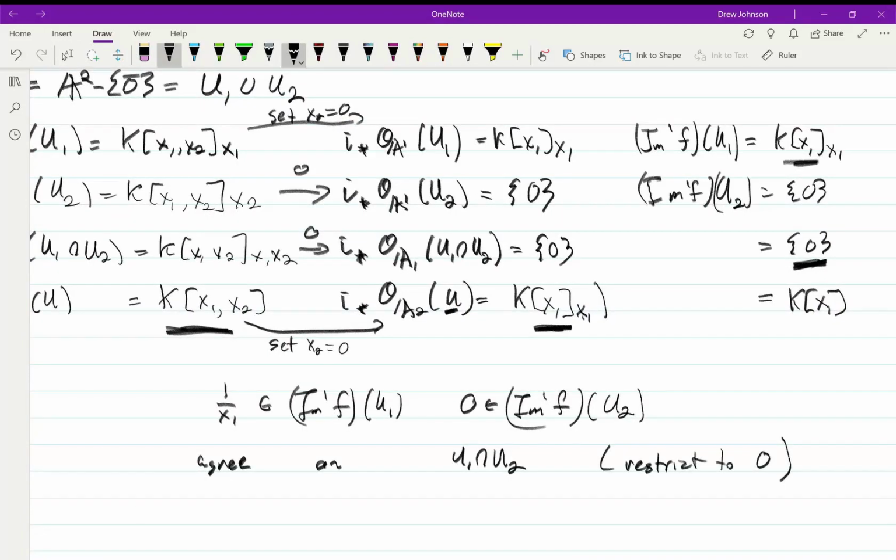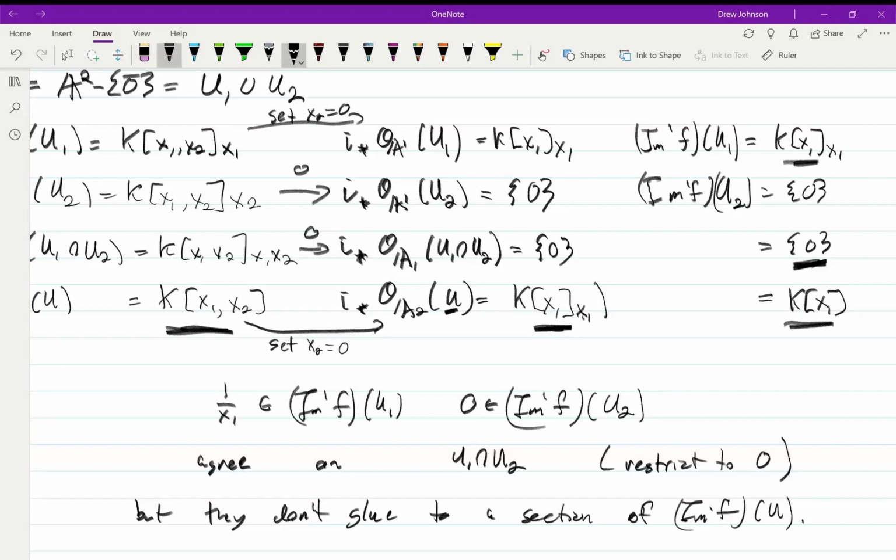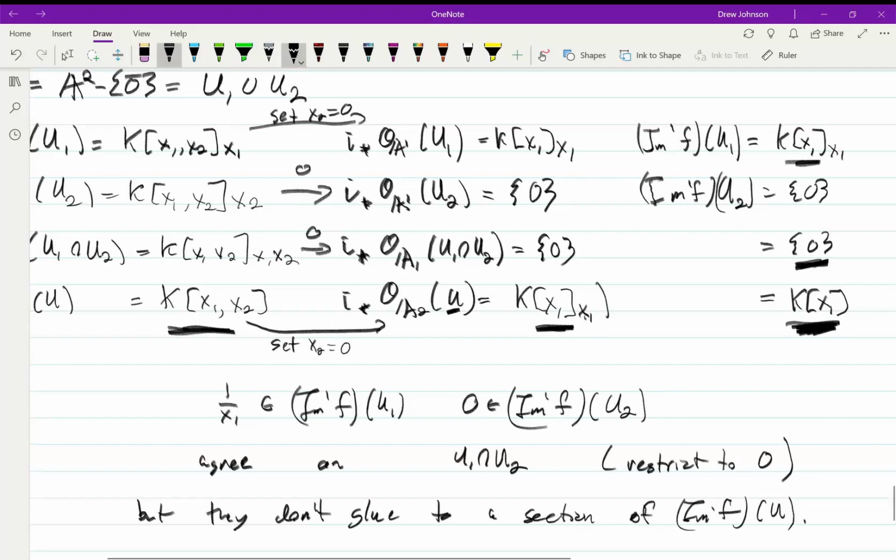Okay, but they don't paste together to a section of image prime of U. Why not? Well, the image prime of U is just the polynomial ring, and if these glued together, there'd be something in this polynomial ring that when you restricted it to U1, you'd get 1 over x.